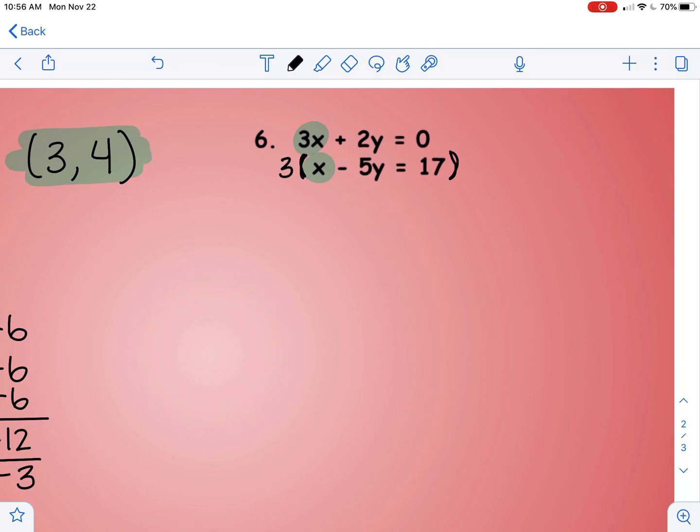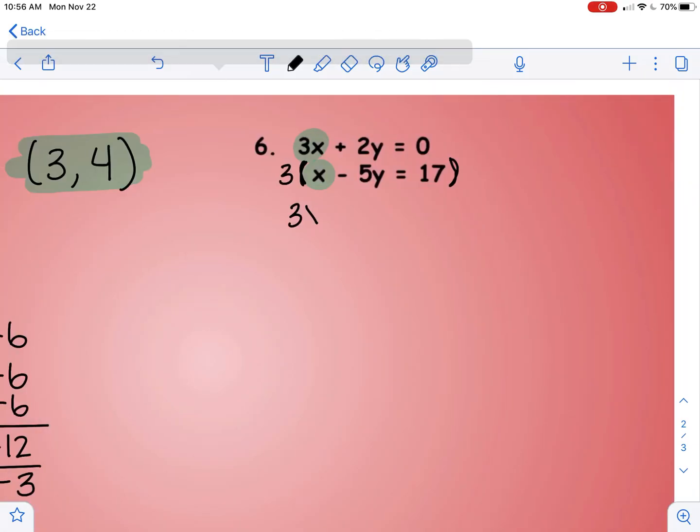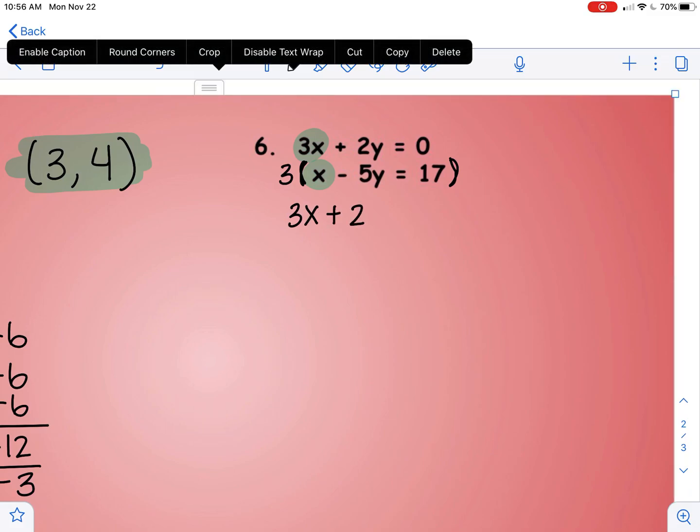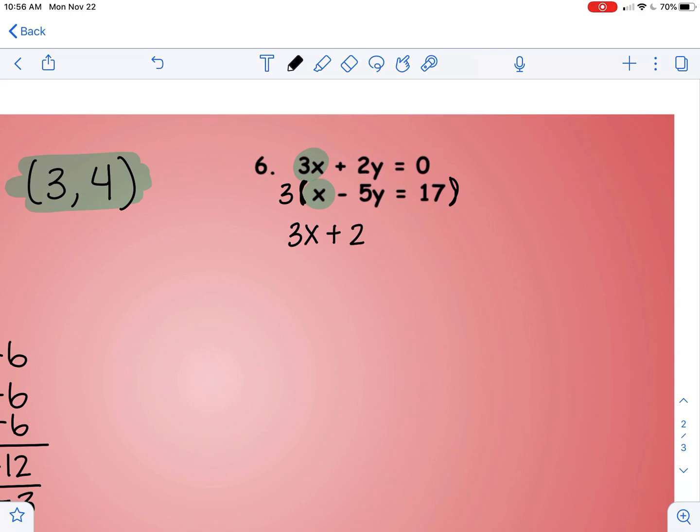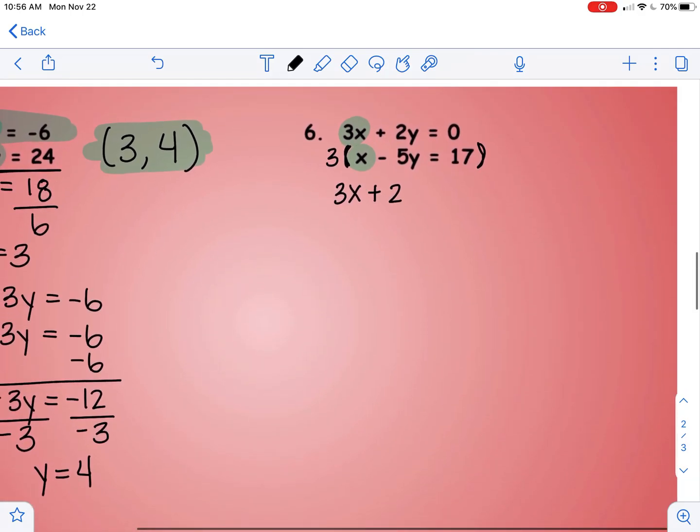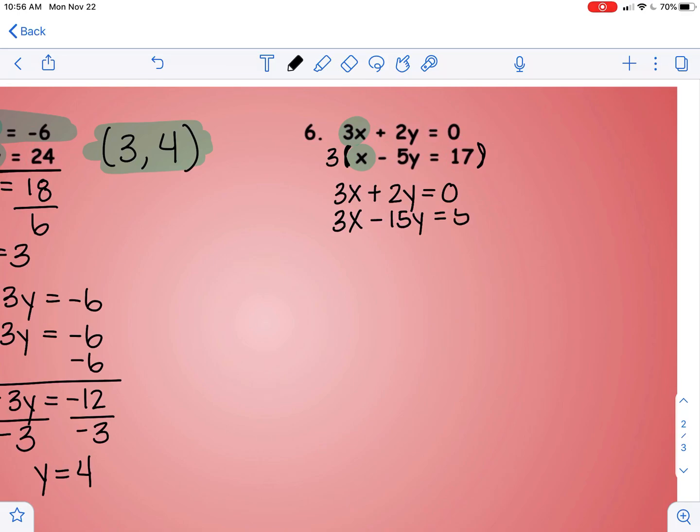So I'm going to have a whole new system now, and I'm going to still have 3x plus 2y is equal to 0. But now my bottom equation is going to be 3x minus 15y is equal to 51.